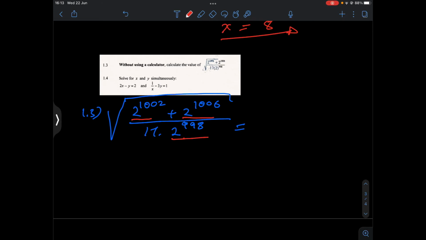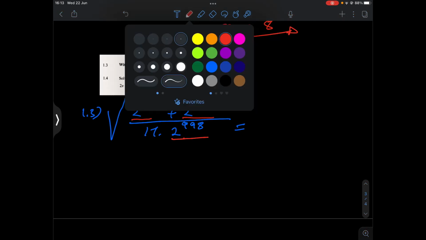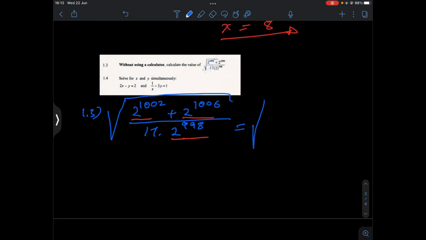So let us convert to 2 to the power of 998 and see what we get when we do that. So I'll just have to rewrite each term so that it has the 2 to the power of 998.